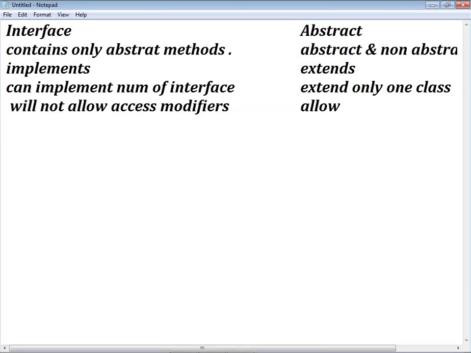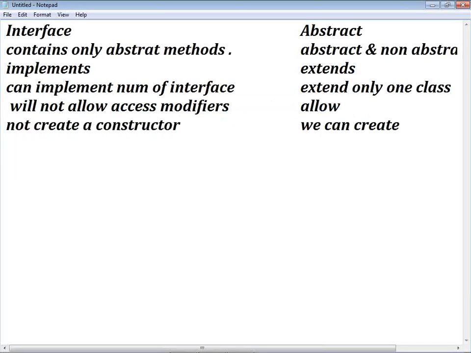So you cannot create an object for an interface, whereas for an abstract class you can. Can we create a constructor for an interface? We cannot, but for abstract class we can.